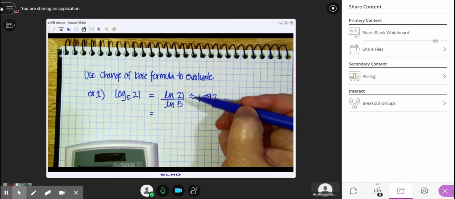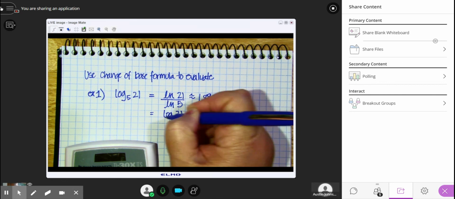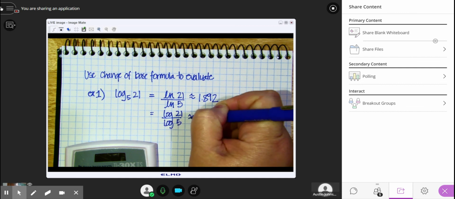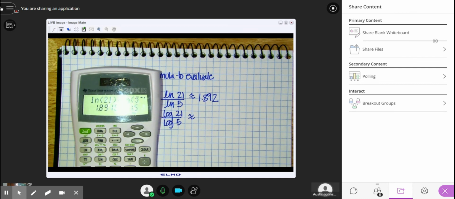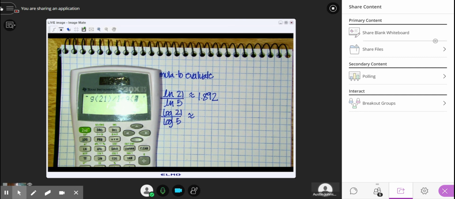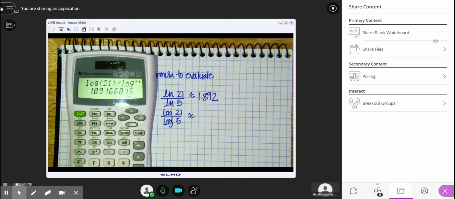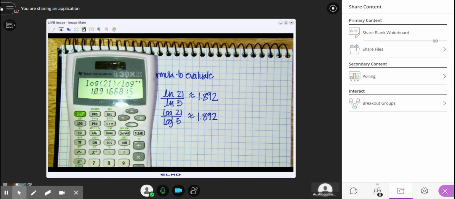It is of note that if I had done log of 21 over log of 5, I should get the exact same answer. So log of 21 divided by log of 5, and I still get the 1.892.